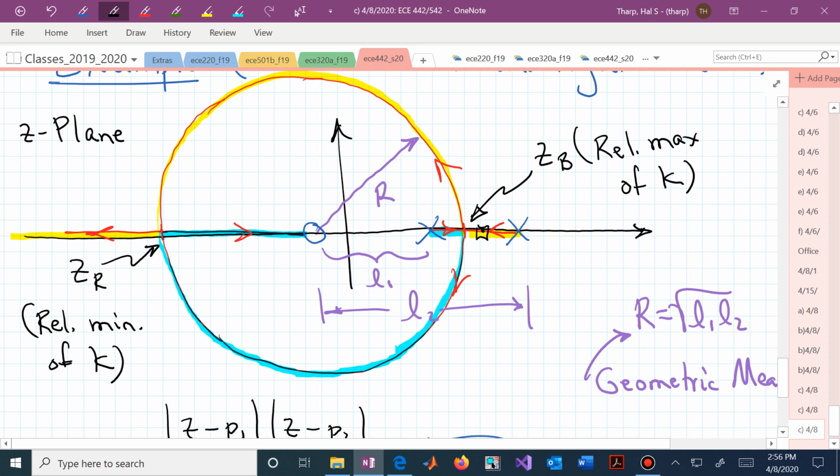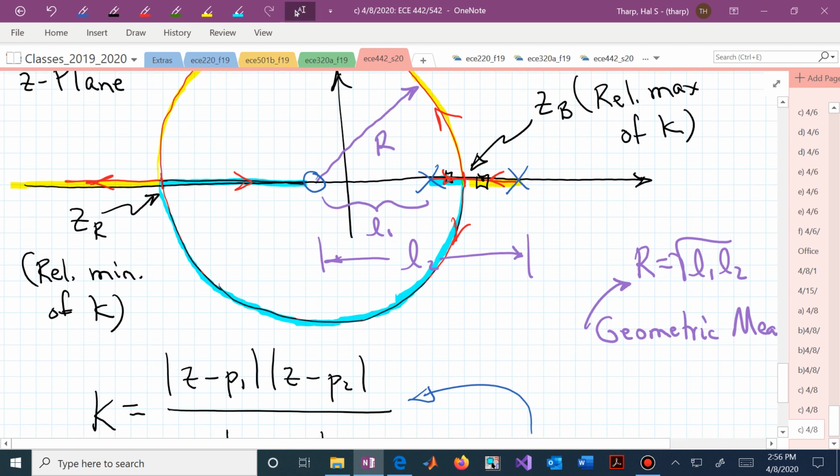So we could now calculate a z value for that particular point. Let me say that box. And that's going to then correspond to another box there. So for a given k, we will have our two closed loop poles at those box locations. We crank up the gain a little bit more, and now we get it to a value of k that gives us two real equal poles.